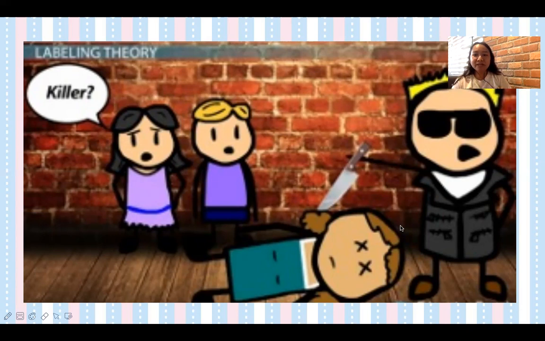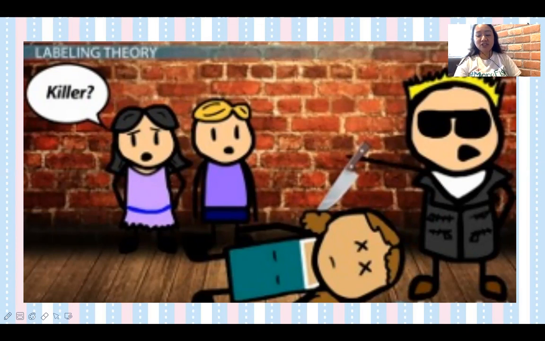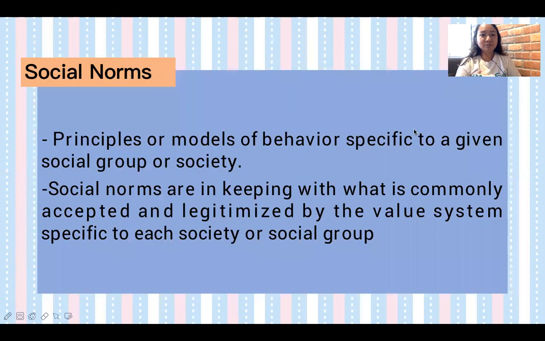So the judgment had been applied successfully, but you know that the facts that you have before you label that person may not be enough, but you have already labeled the person as such.